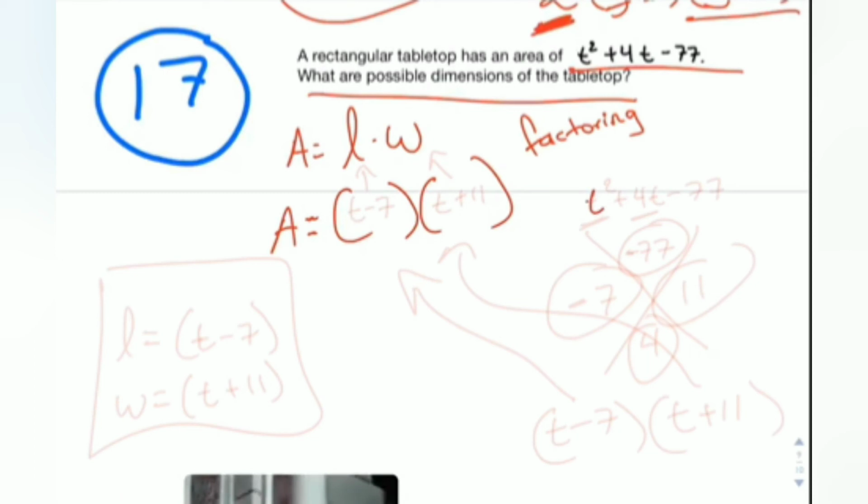So factoring, let's copy the expression. When we factor, something has to multiply to give us negative 77, and when we add it, it has to be the middle term, 4.